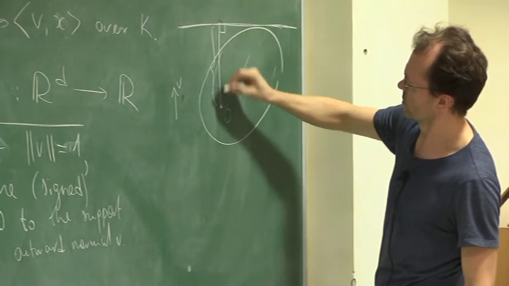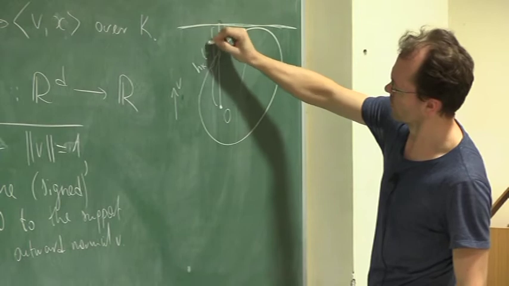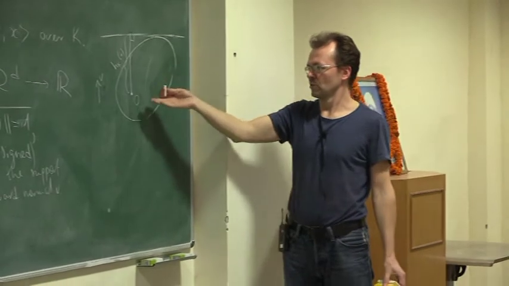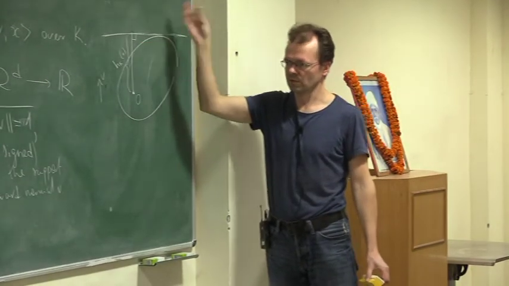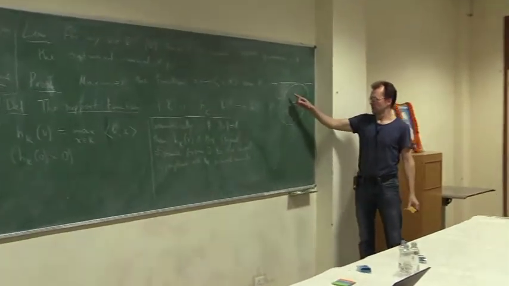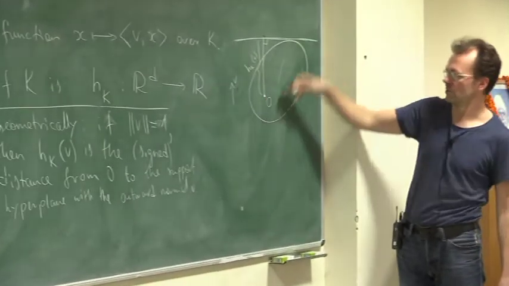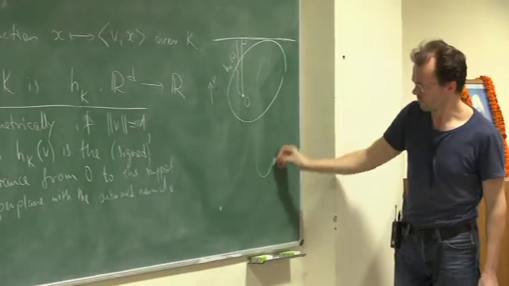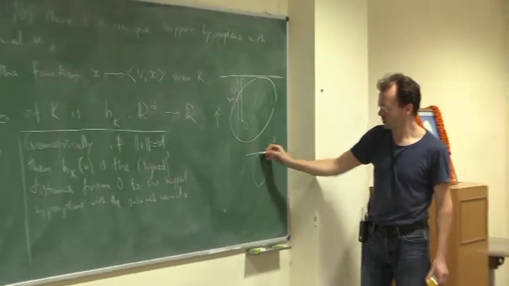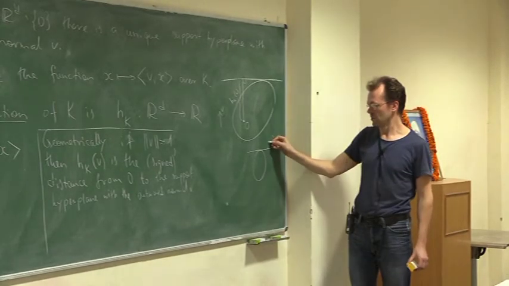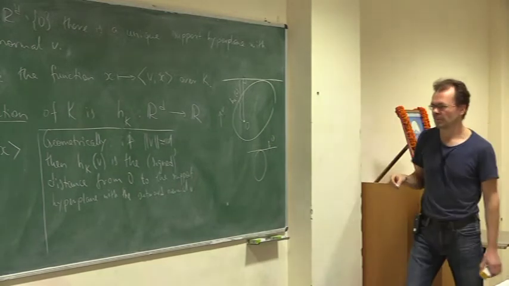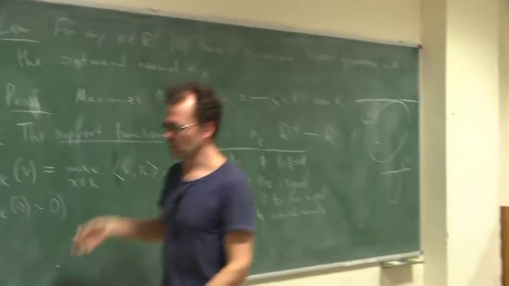So this distance, it is h_K of v. Right, because this hyperplane is given exactly by the equation inner product vx is equal to that value. And this distance will be negative if 0 lies on the other side. So this is possible if the body is here, if the 0 is here, and the hyperplane separates 0 from the body. Then the distance will have a negative sign. So I mean the value of the function will be the distance with the minus sign.